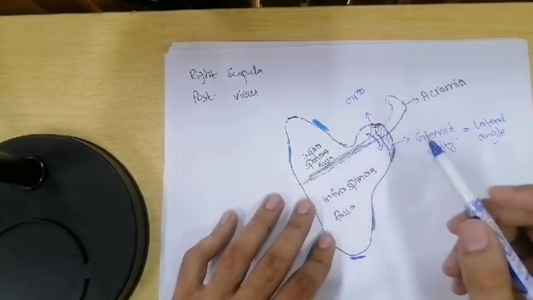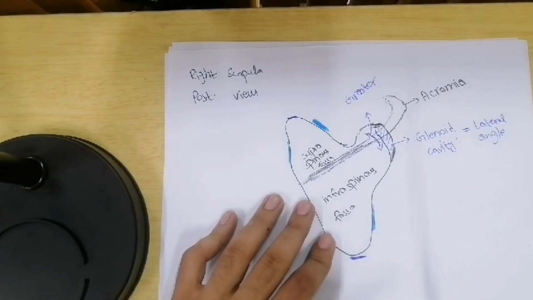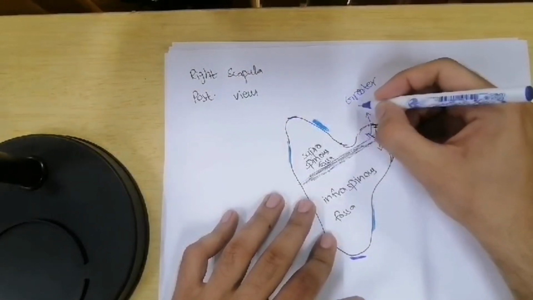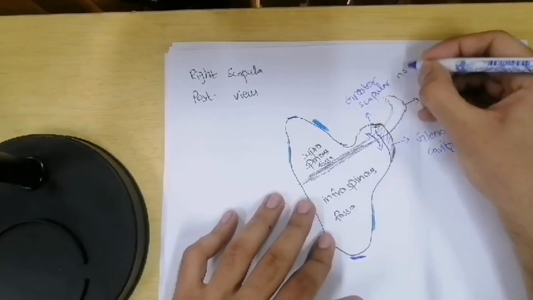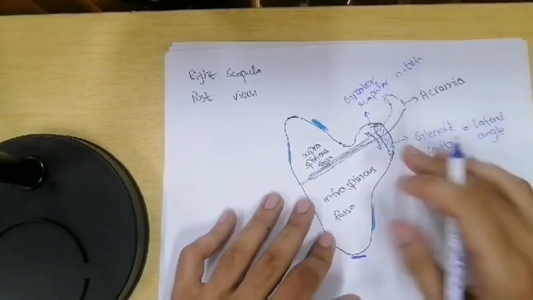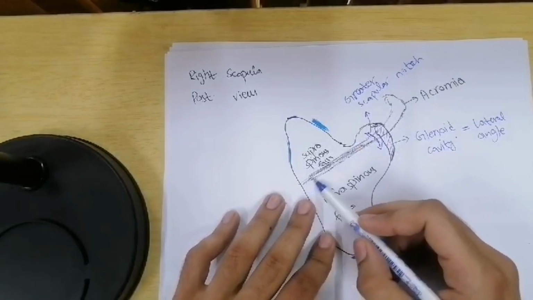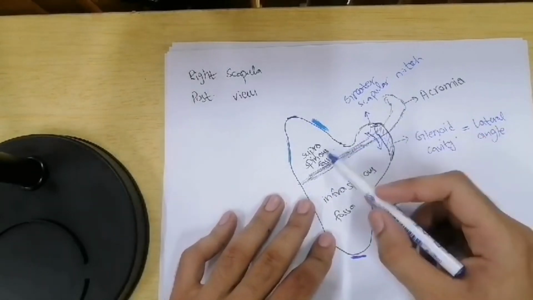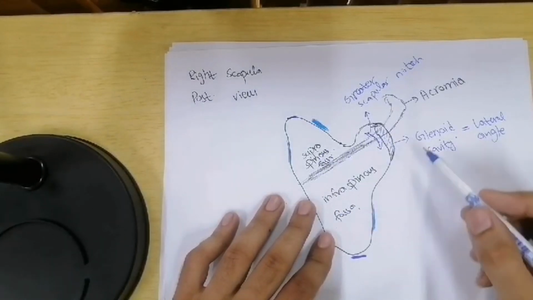Let me give you a brief explanation again. This is the greater scapular notch. The posterior surface of the scapula is divided by the spine into two regions, two fossae. Fossa means depression. One is the supraspinous fossa, the second is the infraspinous fossa.